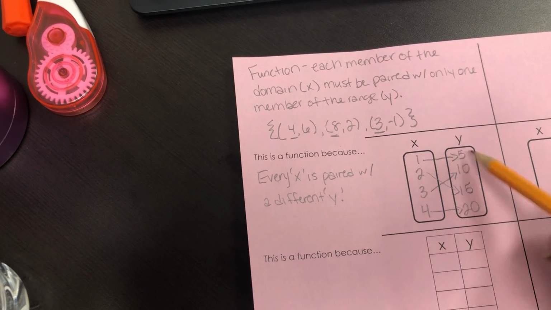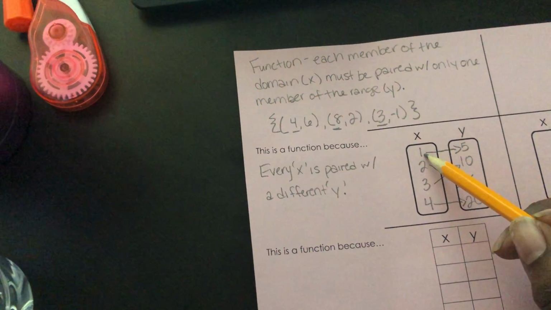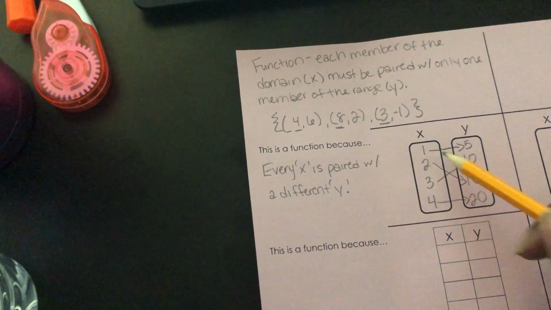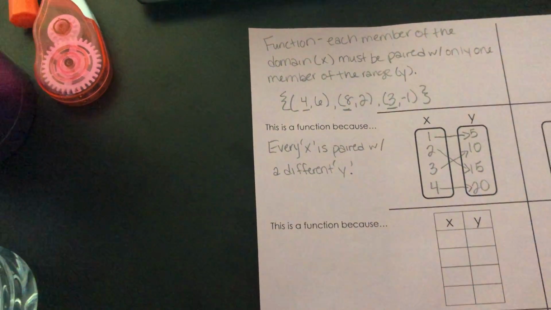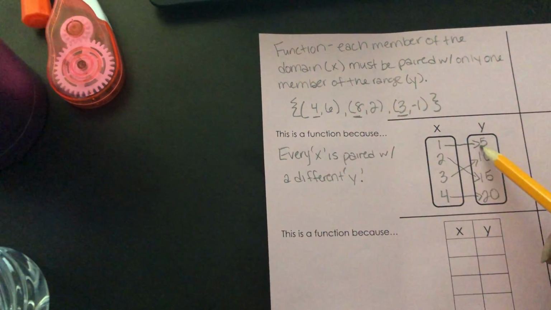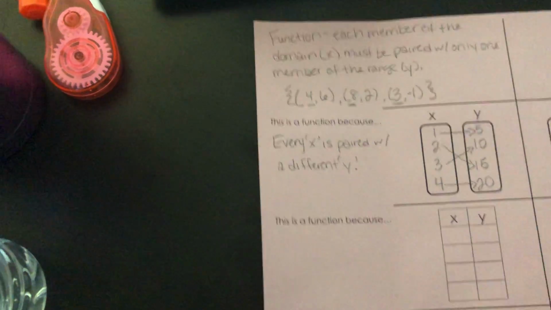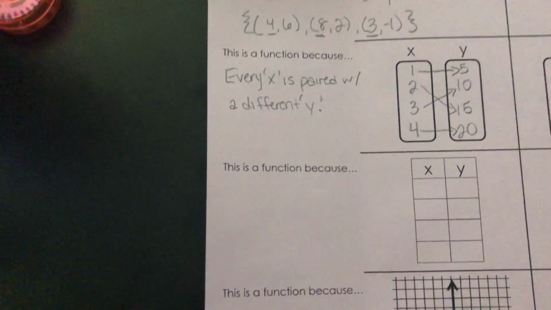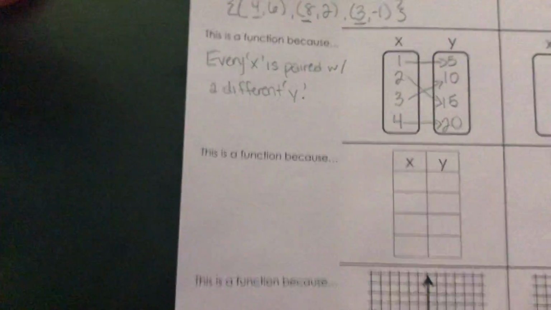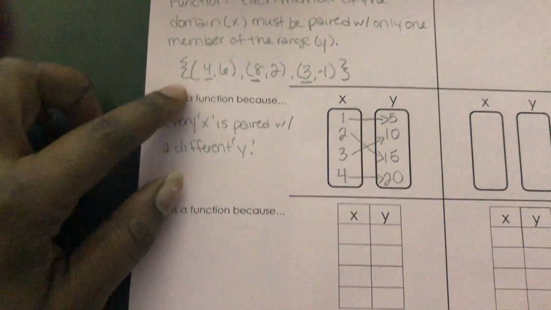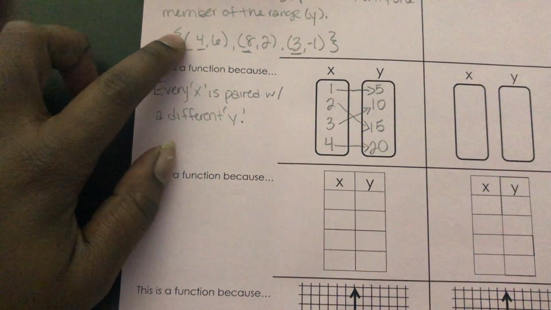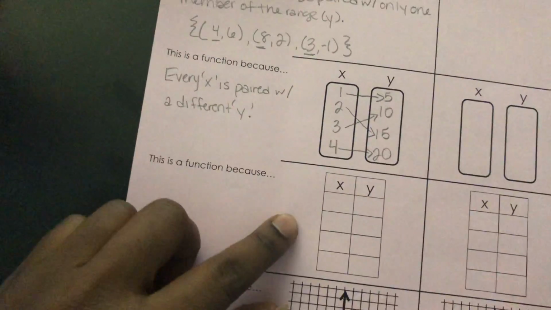For example, this 1 is not trying to go to this 5 and this 10 at the same time. This x is just trying to go to that one y, and this x is trying to go to that one y, okay? All right, so second one, or I guess third example, because this was considered an example as well. So that's the second example, this one's a third.